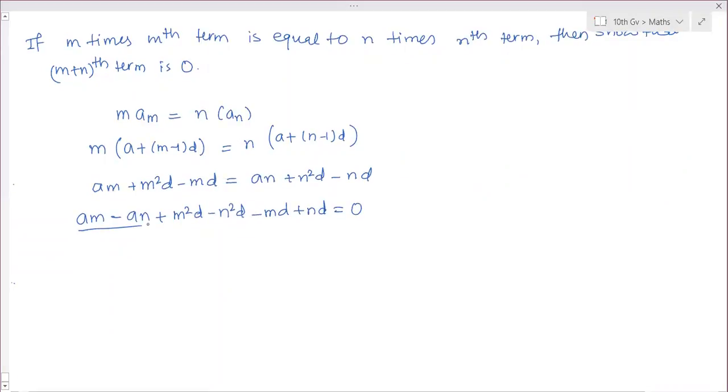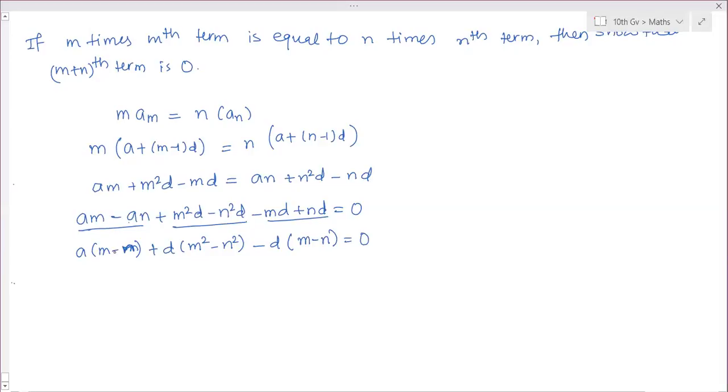Yeah, ma'am. So from two terms, take common things. So from here we can take a common, in the bracket m minus n, plus d common m square minus n square, minus d common m minus n is equal to 0. Minus d we have taken common, so it will become m minus n.